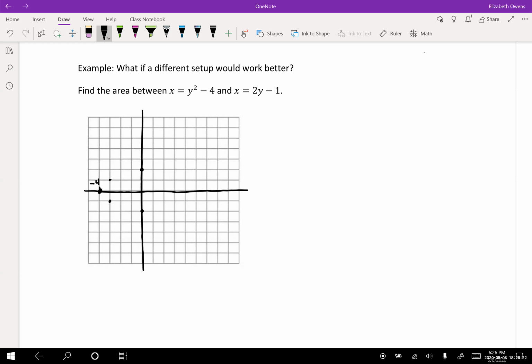Notice that this is kind of an interesting function because it doesn't pass the vertical line test necessarily. That's because x is a function of y instead of y being a function of x, where we usually use the vertical line test. So kind of interesting.